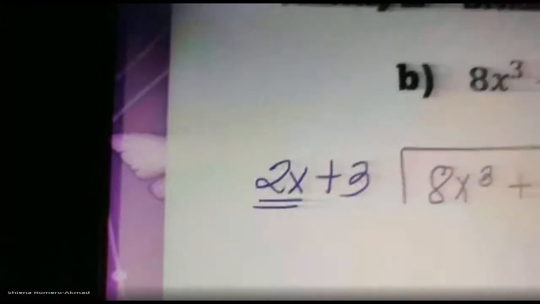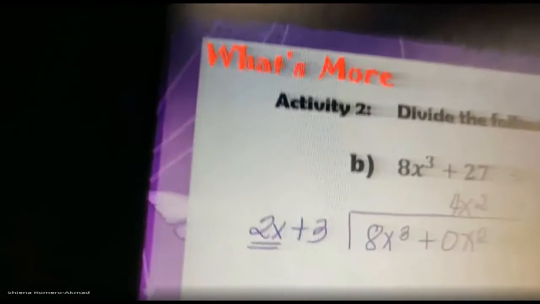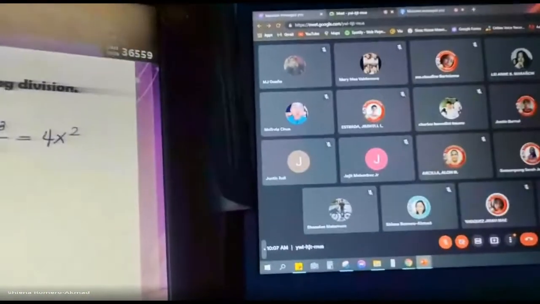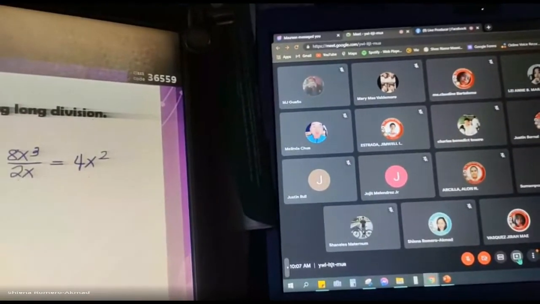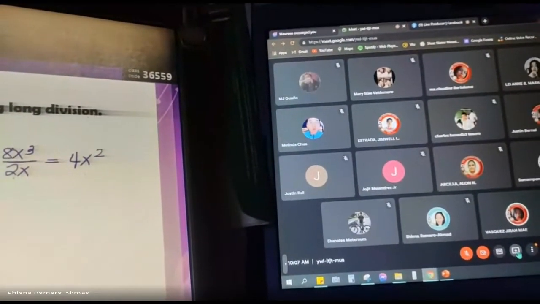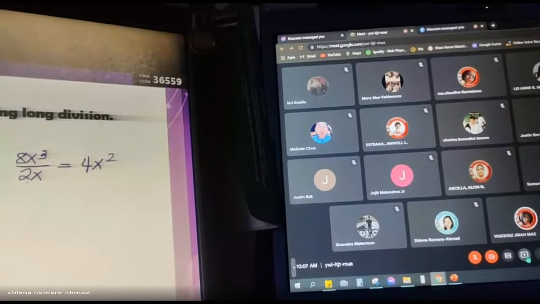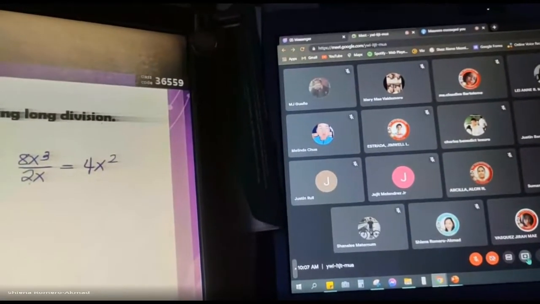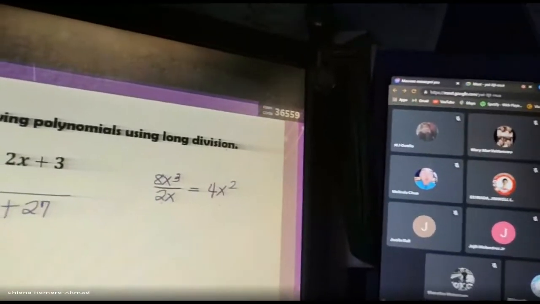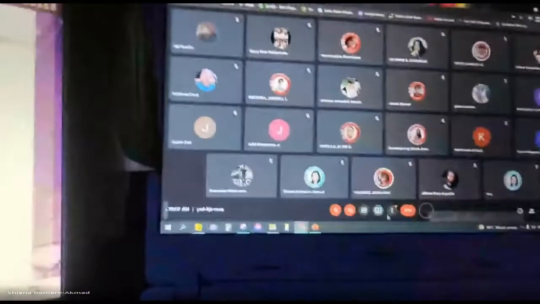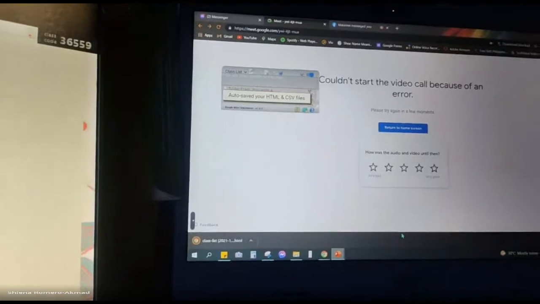Wait lang. Try ko kung okay na yung kakabukas lang. Para dito na lang ako magboboses. Wait lang, ang tagal. Bakit? Wait lang, ayusin ko ha. Couldn't start. Anong nangyari?